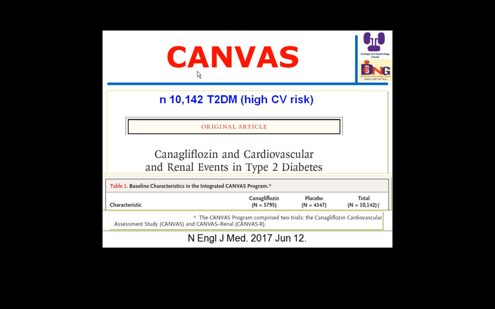The CANVAS program comprised two trials: the canagliflozin cardiovascular assessment study, which is CANVAS, and the canagliflozin cardiovascular assessment study renal, CANVAS-R. The total number of patients included within the program, as you see, is 10,142 type 2 diabetes patients with high cardiovascular risk factors. The patients were randomized to two groups, canagliflozin and placebo.